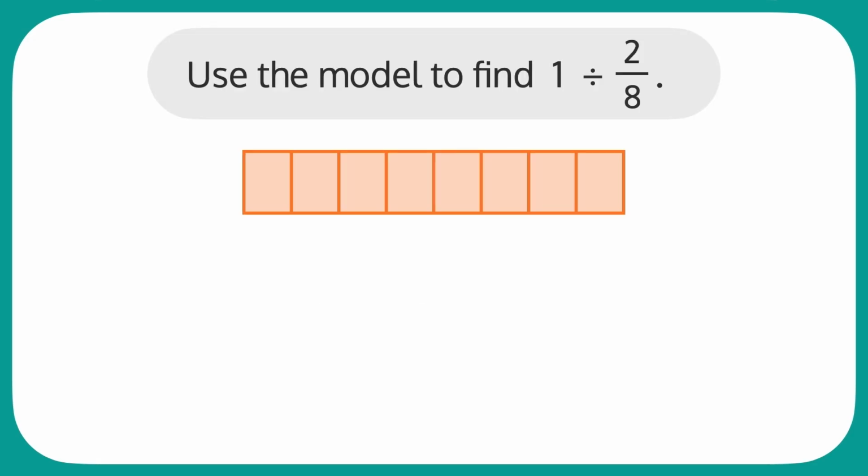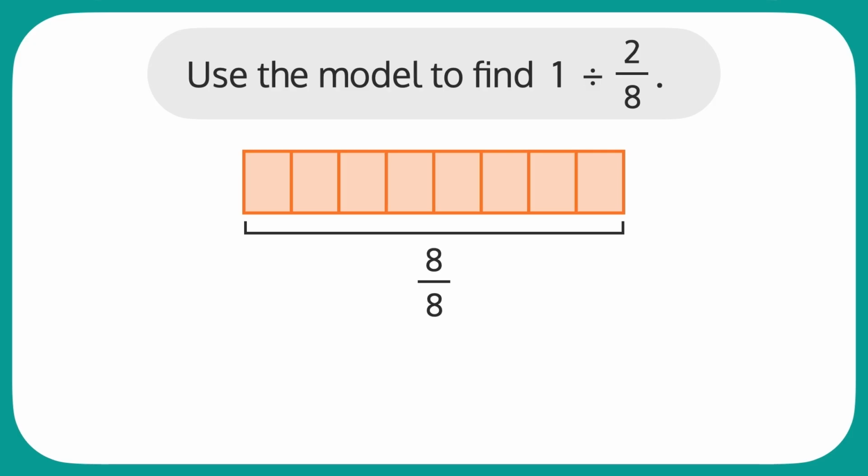Here we'll use the model to find 1 divided by 2/8. Our bar shows one whole completely shaded, and our model has 8 parts, meaning we can also label our model as 8/8. Now, how do we use this model to divide by 2/8? 2/8 tells us the size of each group.